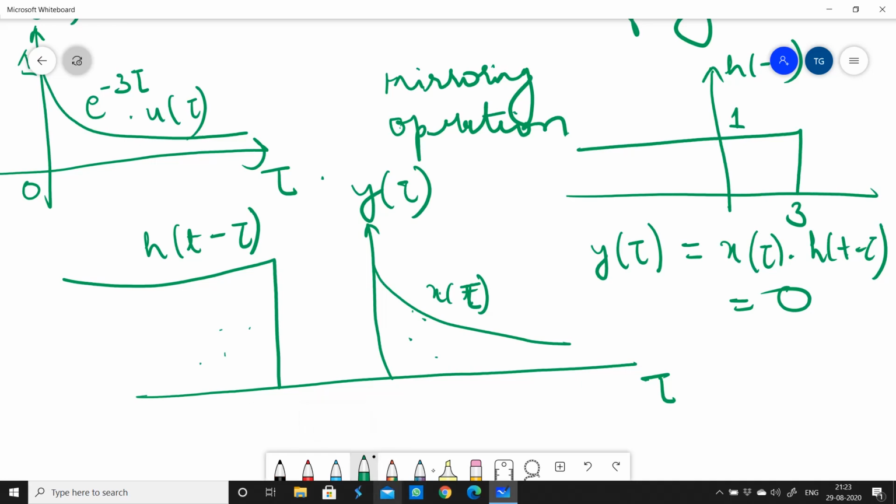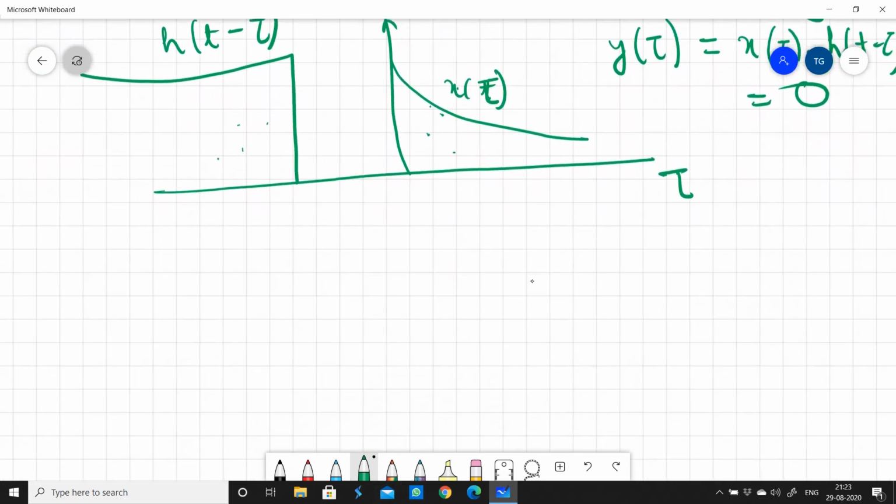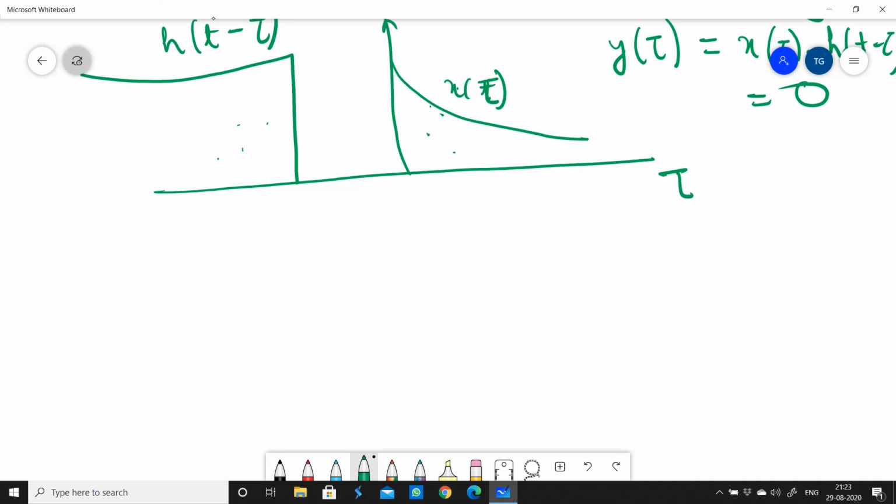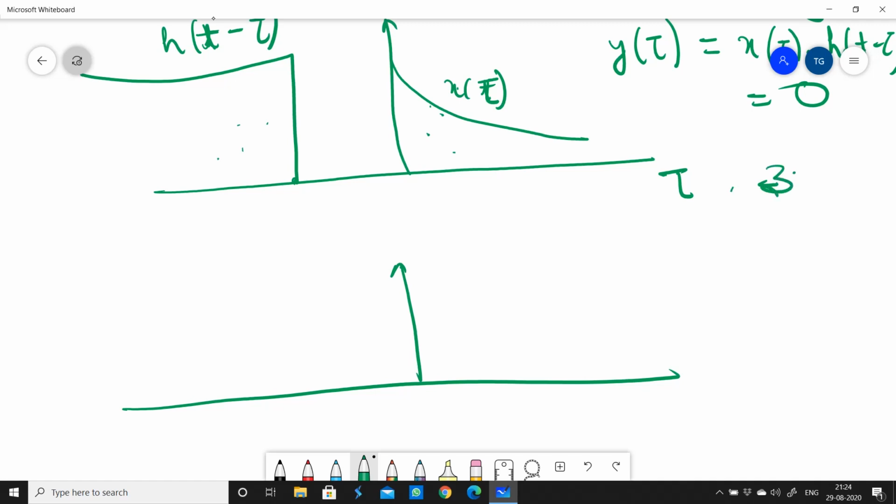Now we will shift this, because t is a varying variable, and we have to move it here, and we can see that this thing is having from 3, t less than or equal to 3, it has the value. So when we plot like this, it is not looking good.